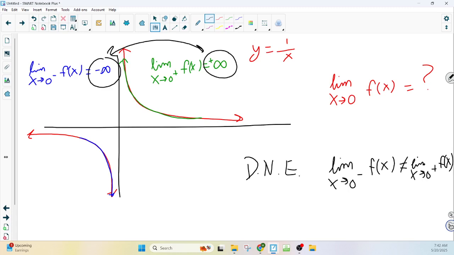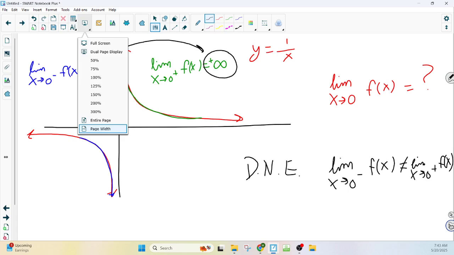Okay? So I sort of misled you a little bit, because you wanted to say it didn't exist because the limit was infinity, right? But the limit of this actually isn't infinity. It's not infinity. It's not negative infinity. They don't exist. They're both going different spots. So it doesn't exist under reason 1. Limit as x approaches 0 from the left of the function does not equal limit as x approaches 0 from the right of the function.